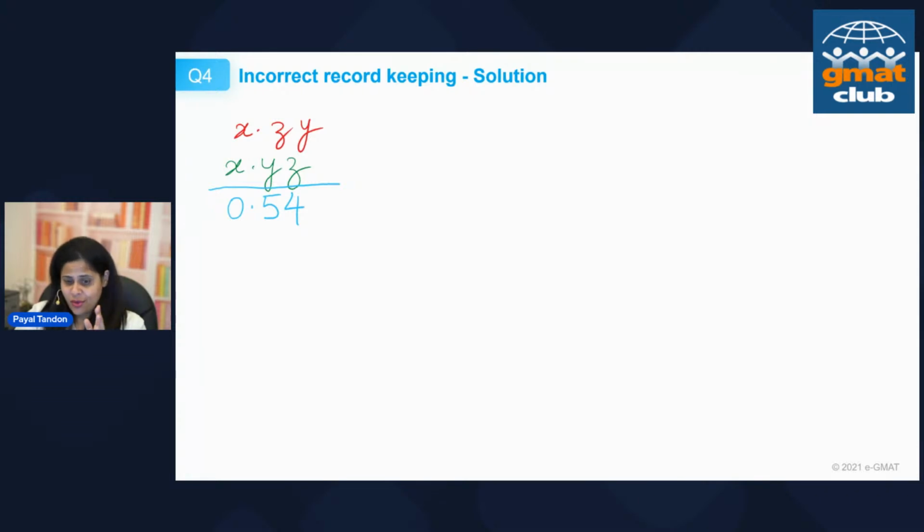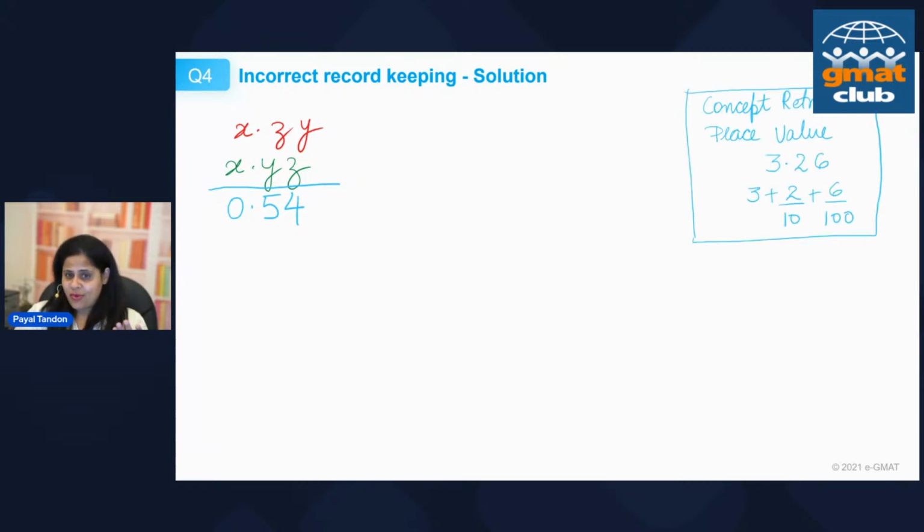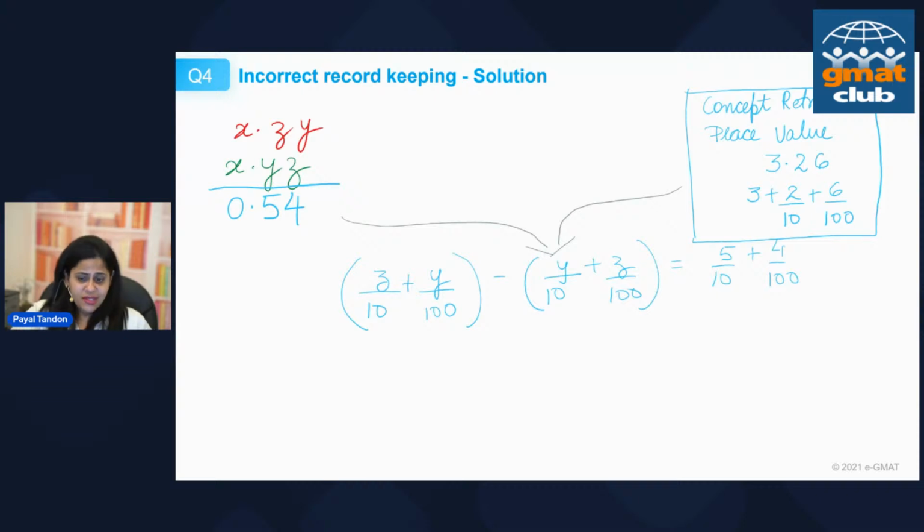What else do you know? Is it that there are three variables and just one equation, or is there something more to it? There's definitely something more to it, and that is the place value concept. So you need to retrieve the right kind of concept over here. This is not just a simple equation. Here, what I'm doing is z by 10 plus y by 100. I'm simply translating what point zy means, minus y by 10 plus z by 100.